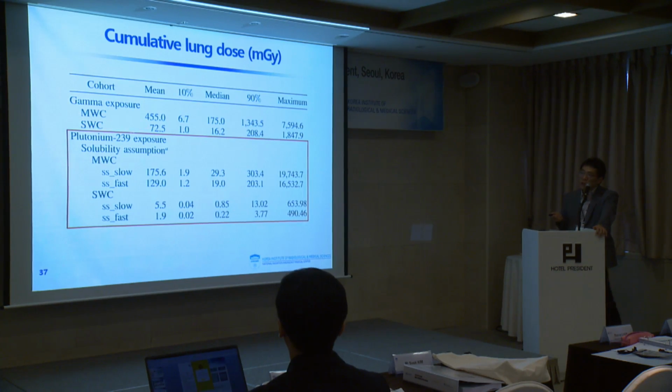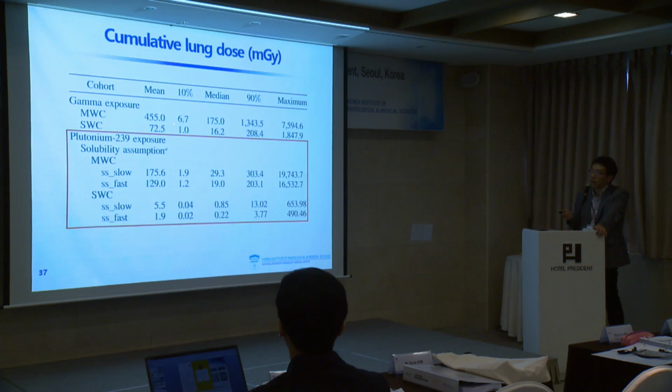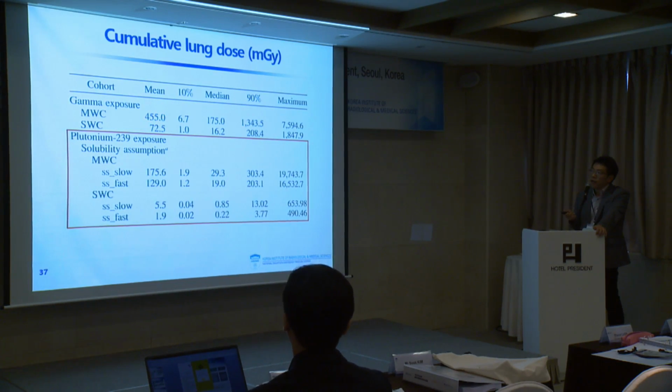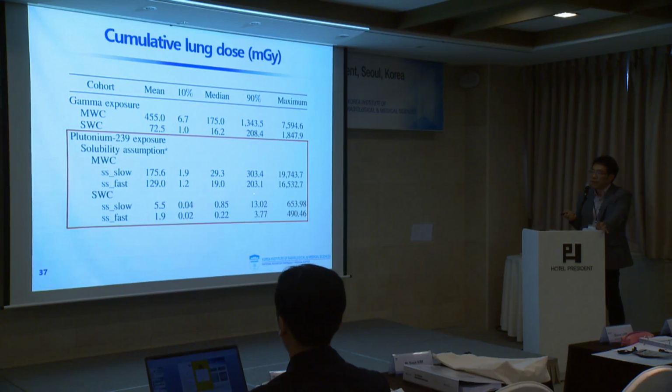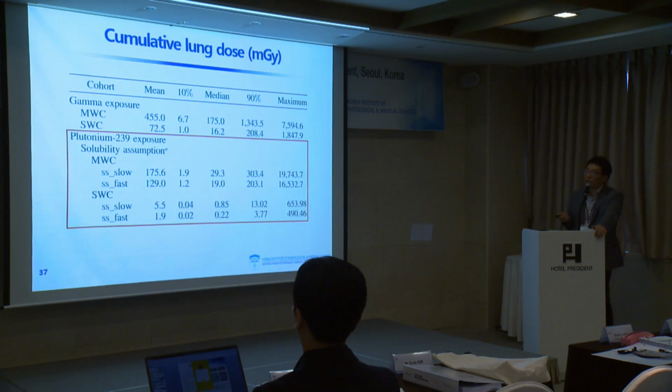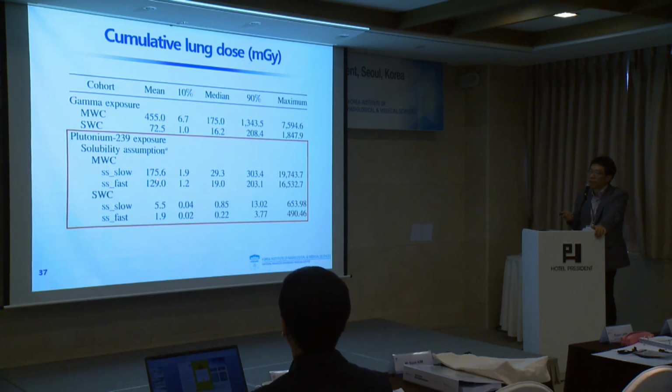Mayak workers' mean cumulative lung dose is about 450 milligray, and Sellafield is smaller than Mayak. For plutonium exposure, depending on the solubility assumption, there is a wide range of cumulative lung dose for internal exposure. But for Mayak workers it is around 130 or 175, and Sellafield is around 2 to 5 milligray.